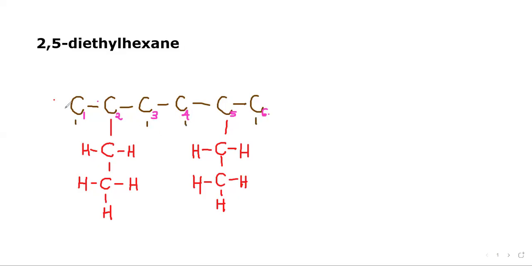We all know that each and every carbon should have four bonds, so you write the hydrogens that are missing closer to all those carbon atoms.